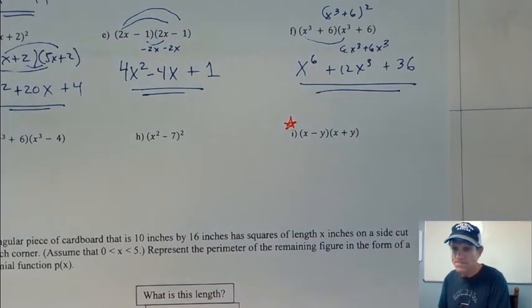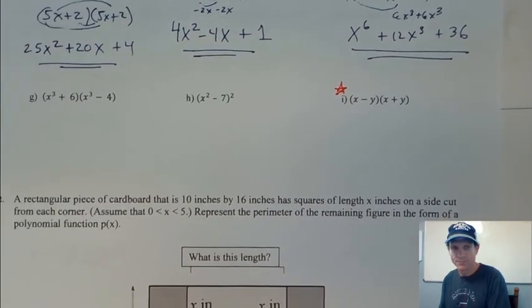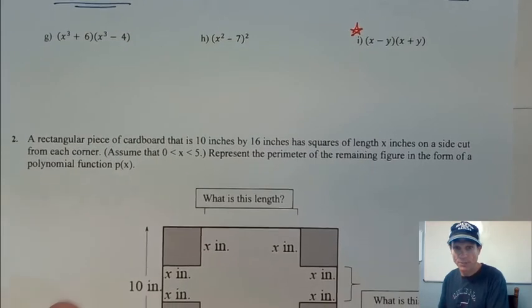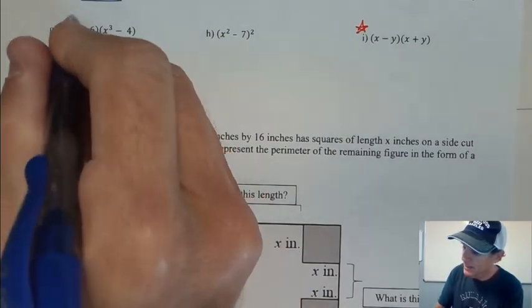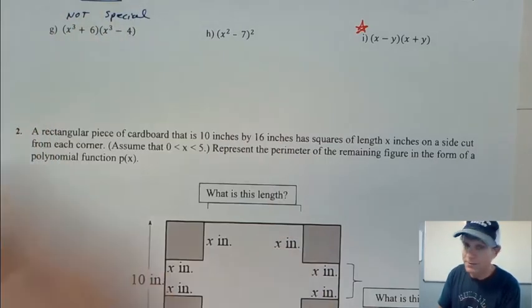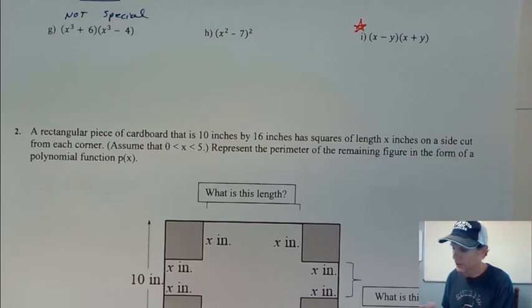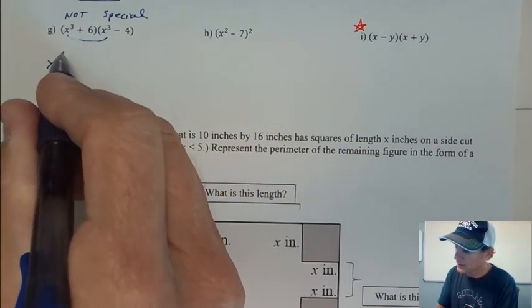Okay. And then let's just wrap these three up in the video here. Video might be a little longer than normal, but let's finish them up. This is not a special product, but we can still multiply it out by FOIL here. We get x to the third times x to the third is x to the sixth.